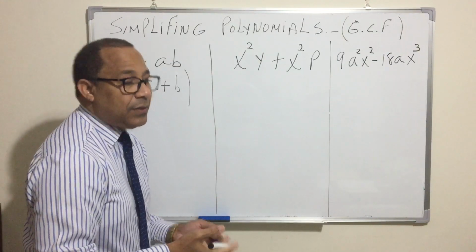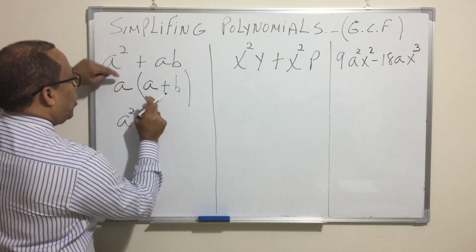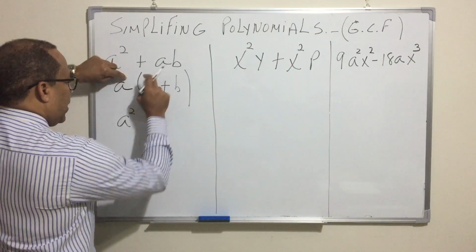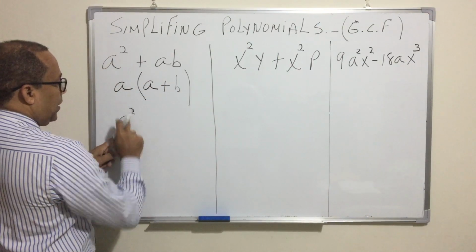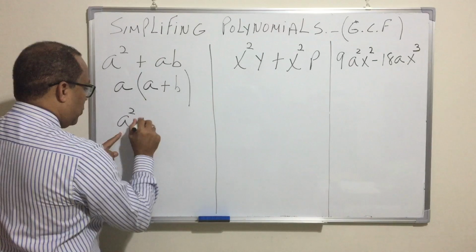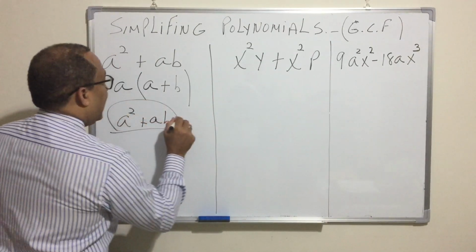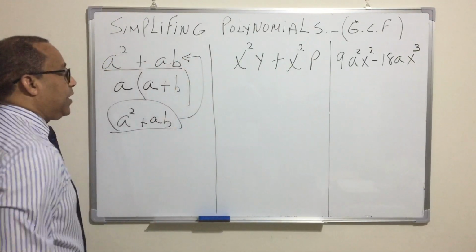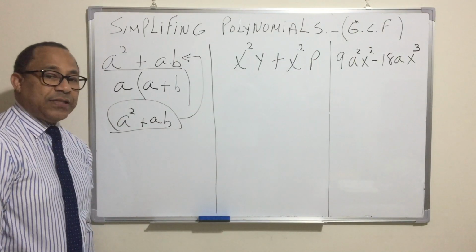Why is it a to the second? Because we know when multiplying, we add the exponents. 1 plus 1 is 2. So a times a is a to the second. Positive times positive equals positive. A times b, ab. And this is the same result as the exercise we had at the beginning. And this is the way you check that the exercise is correct.